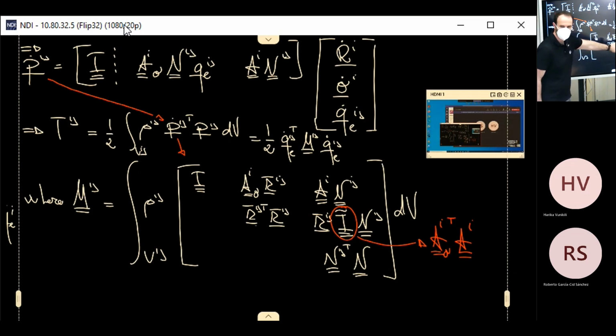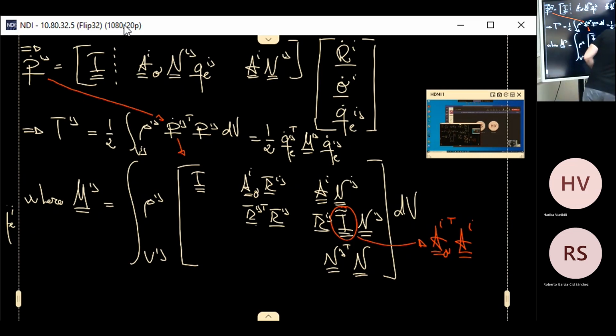So now we are going to estimate the various submatrices, okay, as we have learned to do. For the single element. Then eventually you should assemble them, summing for each element, as we have seen. And then you get the overall mass matrix of the body. And then you can build all the dynamics of the body.